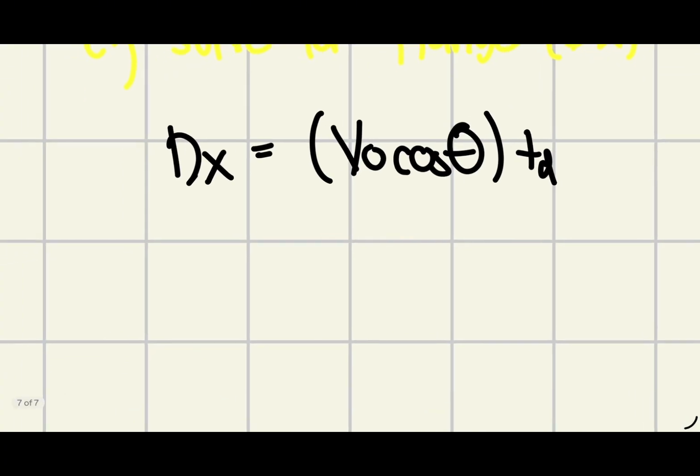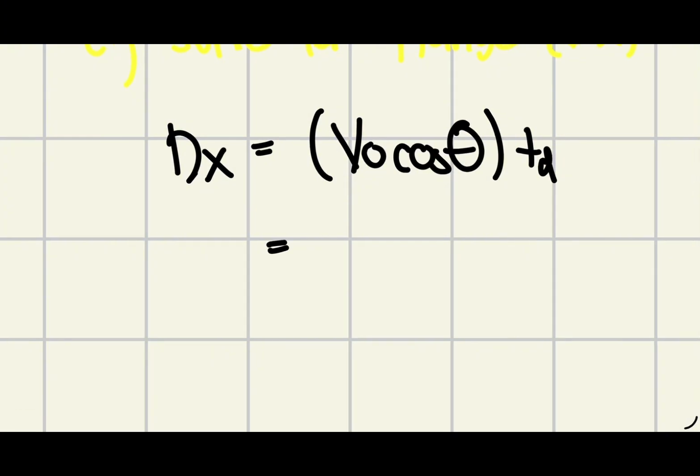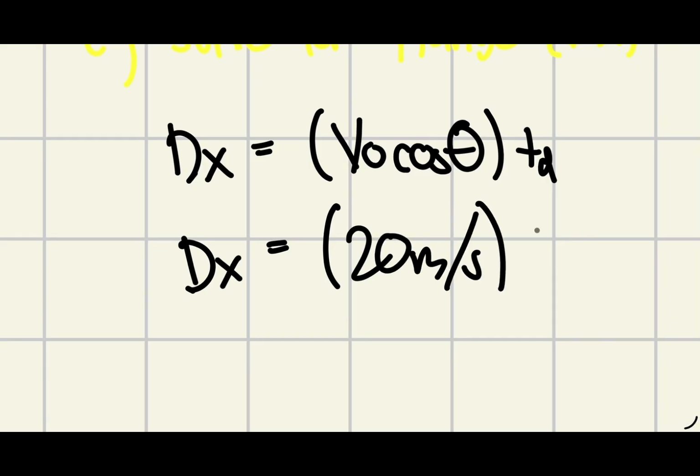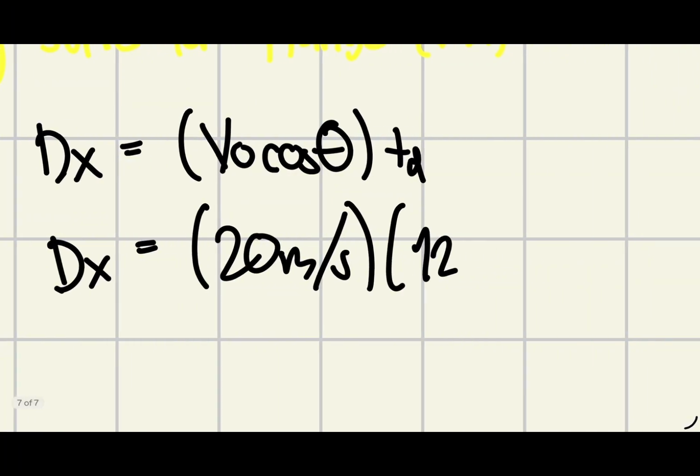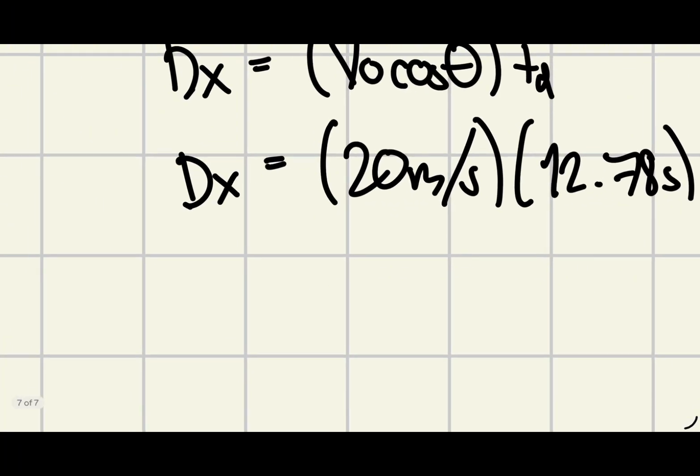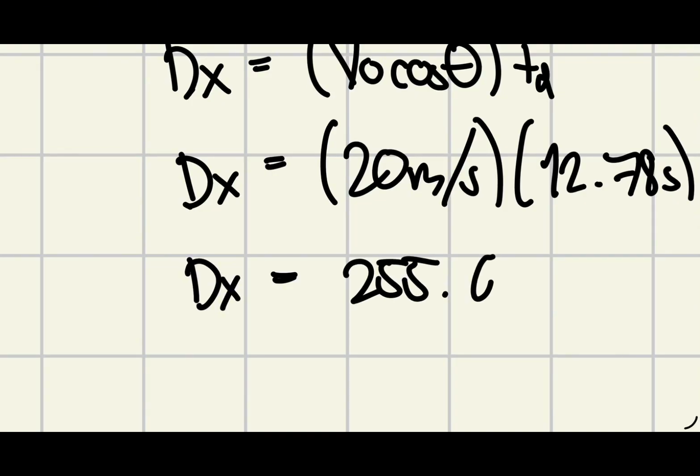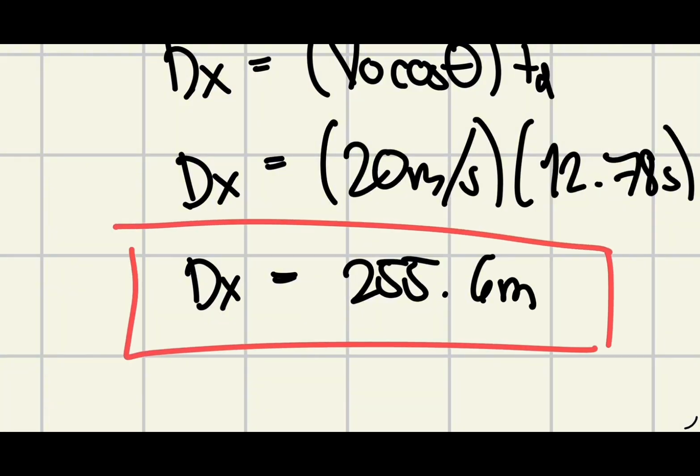Therefore, let's just substitute our values. D of x is equal to 20 meters per second multiplied by the time going down, which is 12.78 seconds. Then we solve, we are left with 255.6 meters. And that is our final answer.